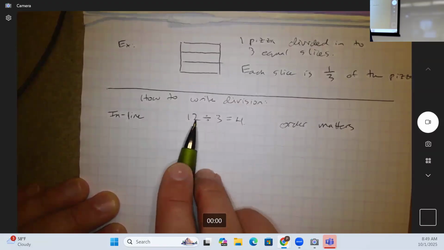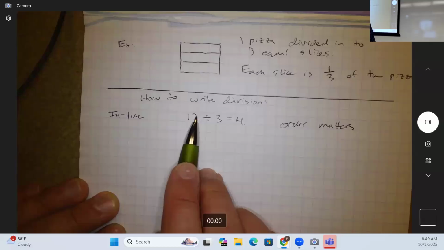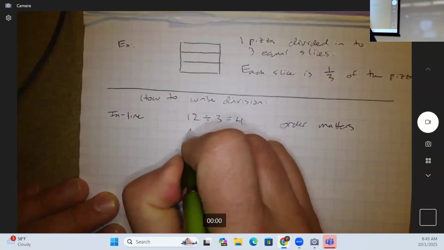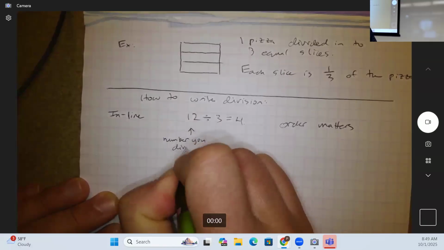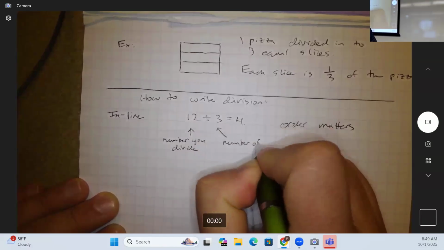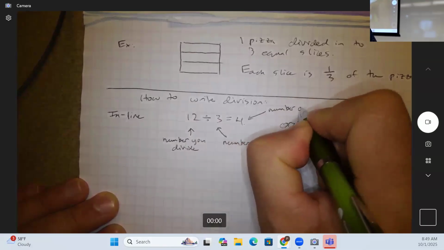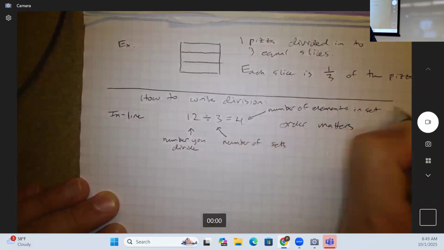But 3 divided by 12 is definitely not equal to 4, right? The number that you're dividing comes first. The number of sets you divide into comes next. And then the number of elements in each set is what you end up with.